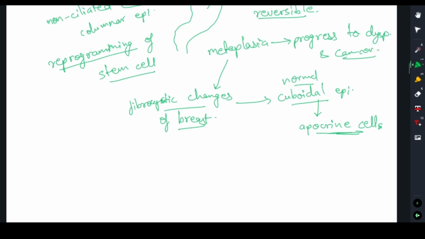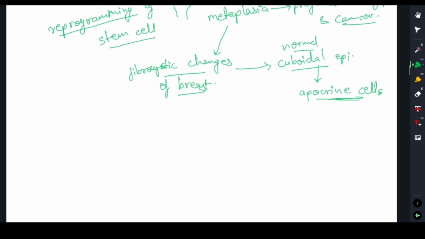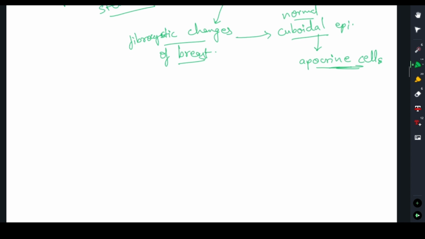This is an example of metaplasia, known as apocrine metaplasia, which does not progress to dysplasia and cancer.